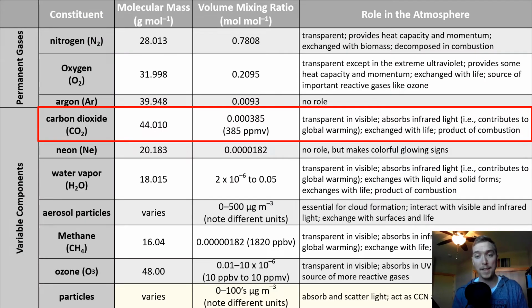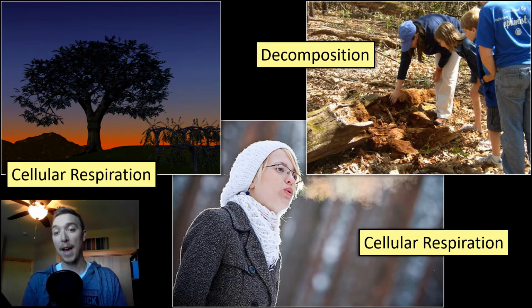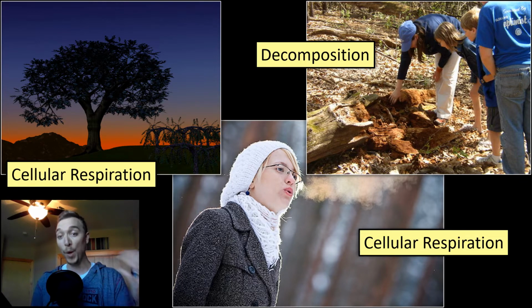Next, carbon dioxide. We've kind of touched on that before. That is exchanged through decomposition of organic matter or cellular respiration, whether that's through plants. That's another byproduct of that lungs of Earth, carbon dioxide and oxygen exchange between plants. We also emit carbon dioxide as a byproduct of our respiration.